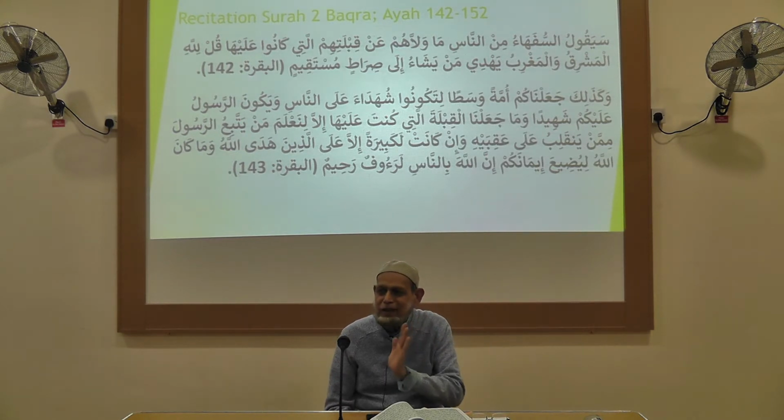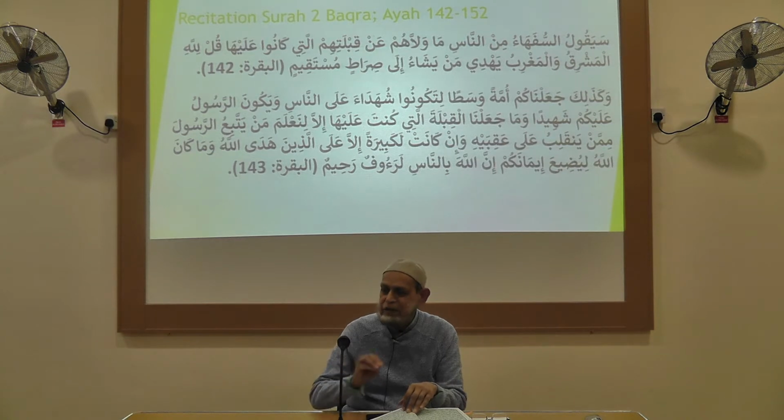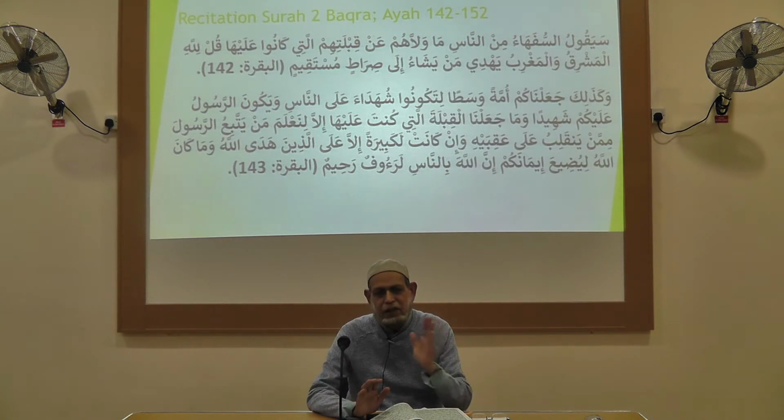But the Sirat al-Mustaqim is straight. So we are in the middle, going straight. But there will be groups who are going to turn right, who are going to turn left, and they might be misguided. So ours is the straight path, going towards this path.